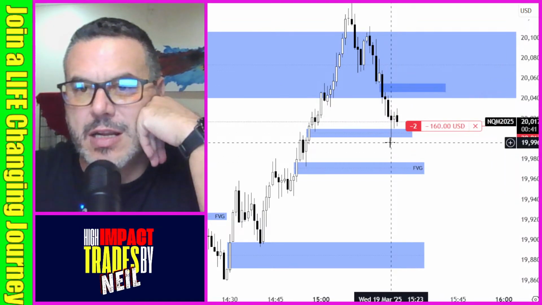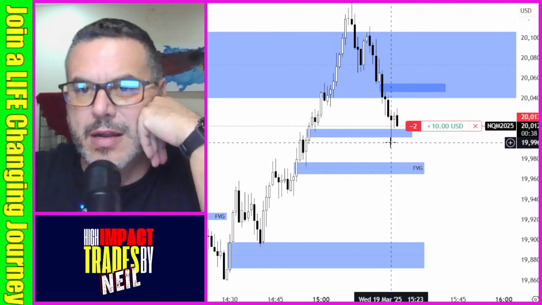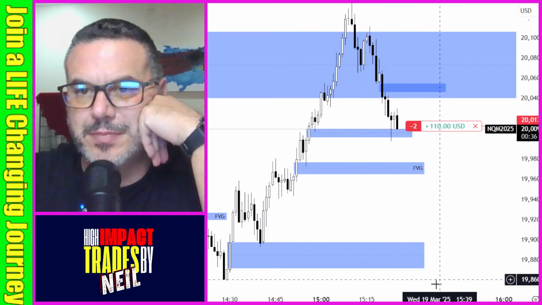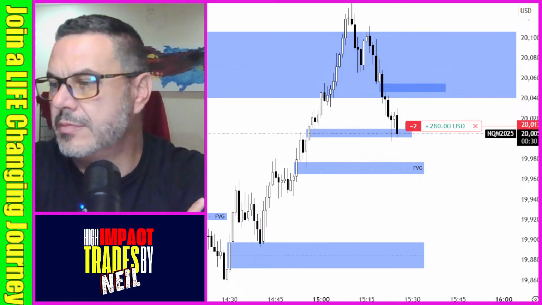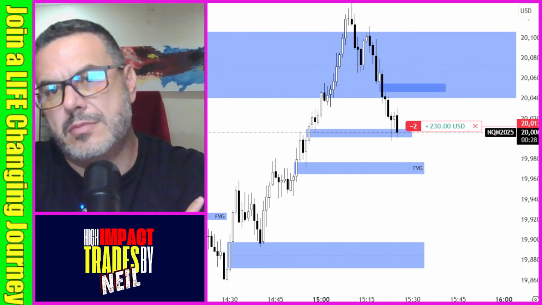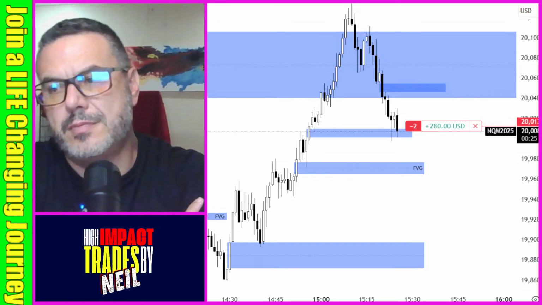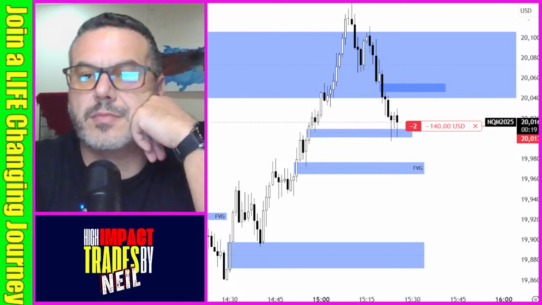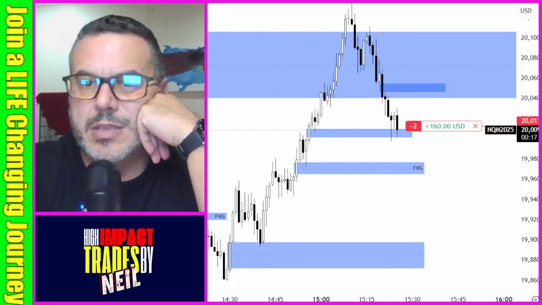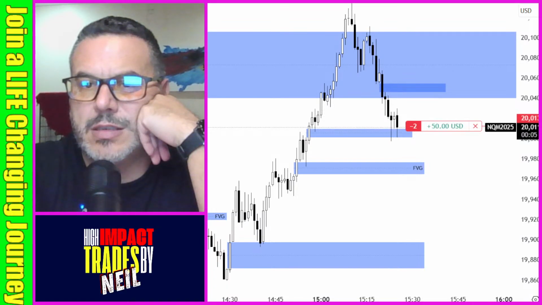If we close below this low, this spiky low, then we'll target the next one. So that fair value gap looks like it wants to hold price. See if we can see a close below that. Maybe we just want to get to that pullback.